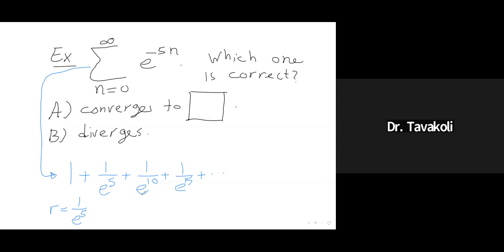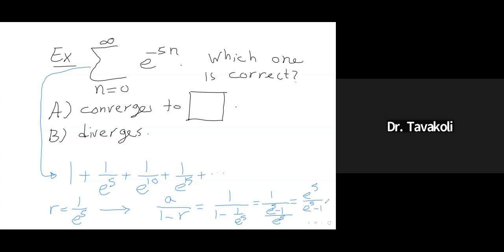So the sum or the value of the series is the first term over 1 minus r. The first term is 1. 1 minus 1 over e to the power of 5. So we simplify this using basic algebra. 1 minus 1 over e to the 5 is e to the 5 minus 1, and as a simple fraction, it's going to be e to the 5 over e to the 5 minus 1.